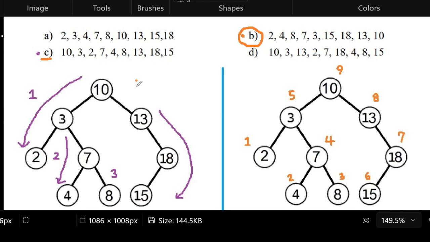But of course, I thought that it looks good because I checked the other choices. So for example, A. What happens in A? You go quickly to 2, 3, and then 4, 7, 8, and then 10, and then what's the next one? 13.